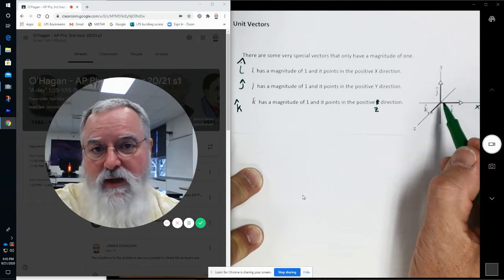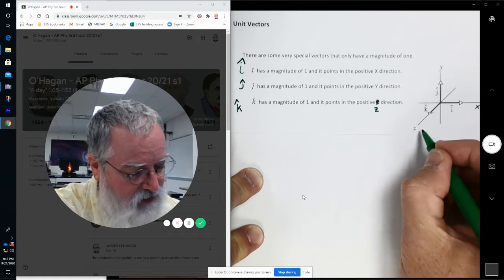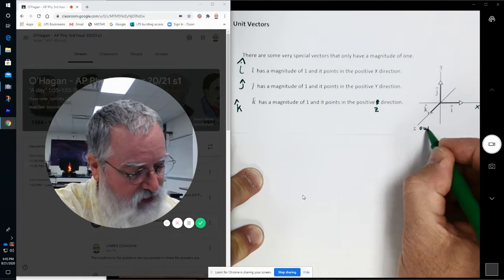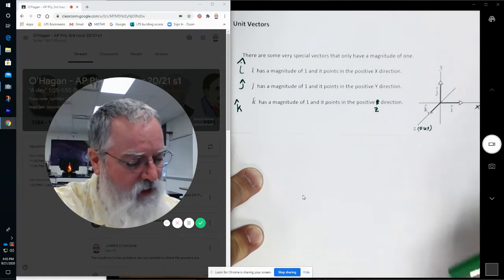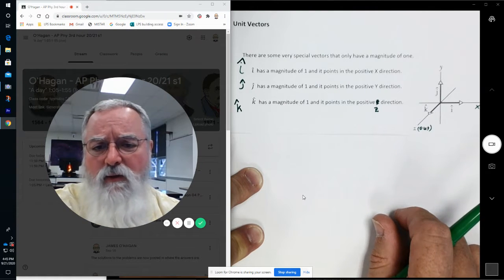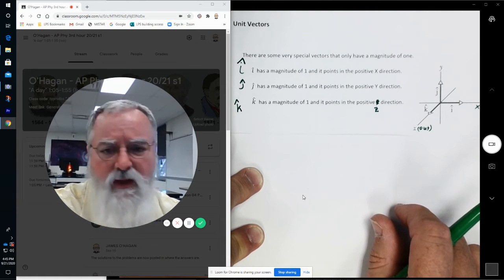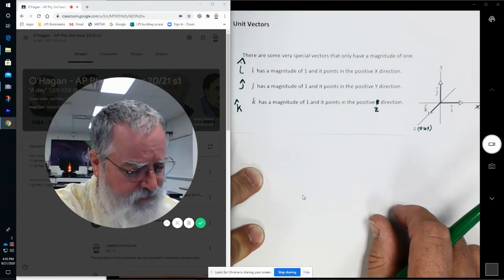There's no way for me to actually do that nicely, so I've drawn this axis, and this z is pointing out, or up, away from this plane, okay? I, J, and K are all at right angles. I goes with X, J goes with Y, K goes with Z.